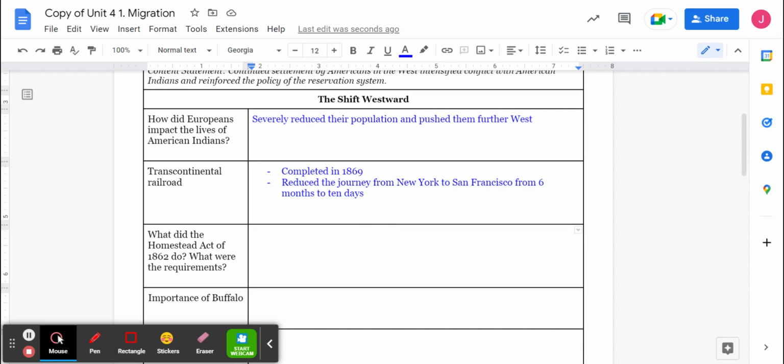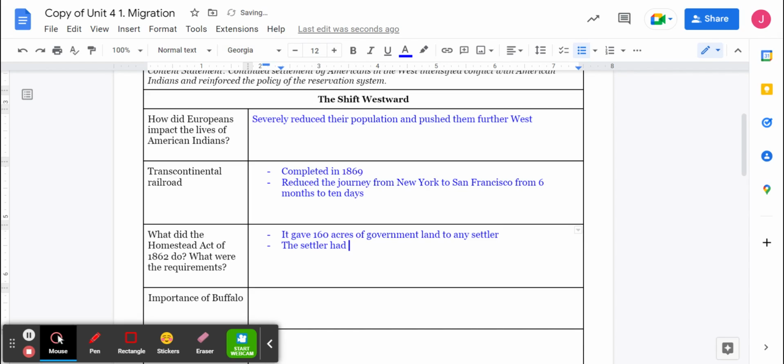So what did the Homestead Act of 1862 do? Well, it gave 160 acres of government land to any settler, but there were some requirements for it.